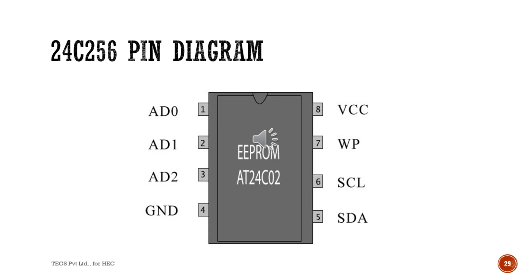This is the pin diagram of the 24C02 EEPROM. This is the same for all the EEPROMs in this series. This pin diagram is also valid for the 24C256 EEPROM.